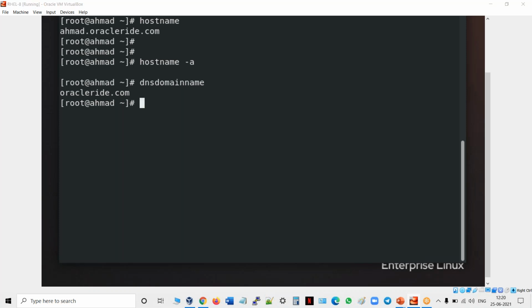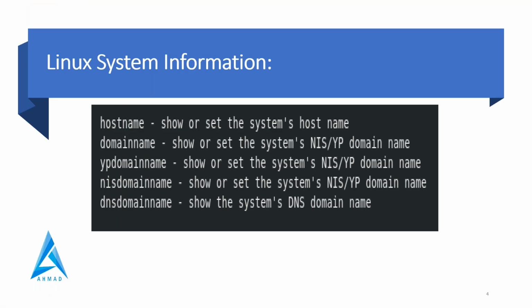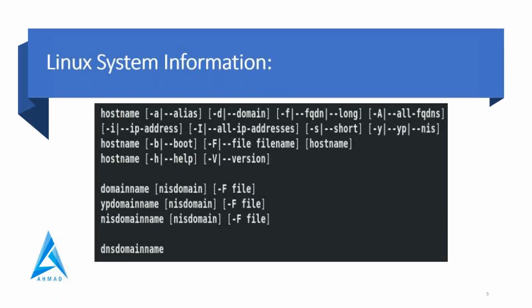In that we have options also, so we can use those options. Suppose I say hostname -d, hostname -a, hostname -f, hostname -I, like this. We can use multiple combinations with that.